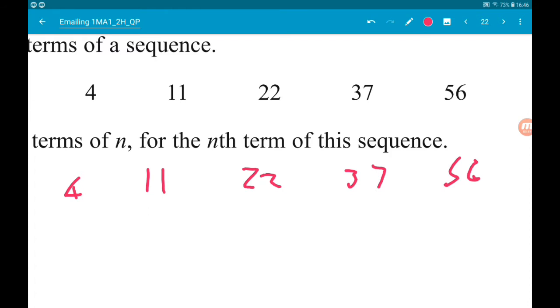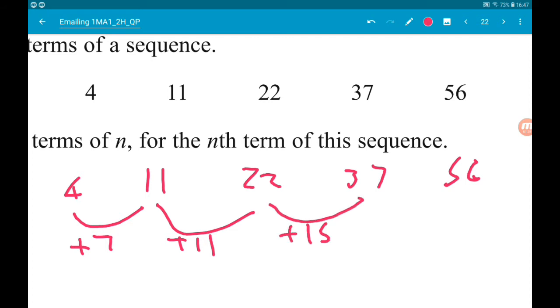Okay, so to get from 4 to 11, we add 7. 11 to 22, we add 11. Okay, so at this point, the differences are changing. It's a quadratic sequence. 22 to 37, we add 15. 37 to 56, we add 19.